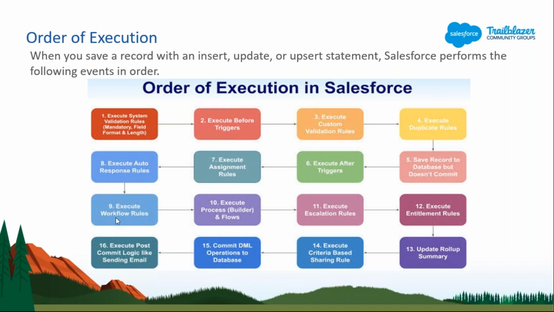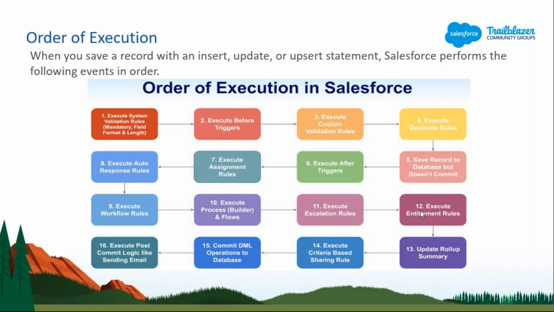So this ninth point we should keep in mind every time, that whenever any update is coming from this workflow rule on the same object, then this path will be followed one more time. Then if this is the second time, it will not follow, and it will go to the execution of process builder. Okay.